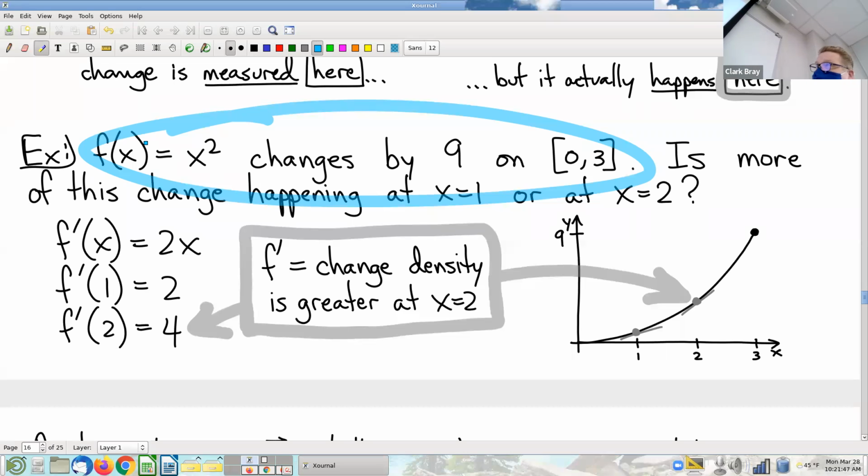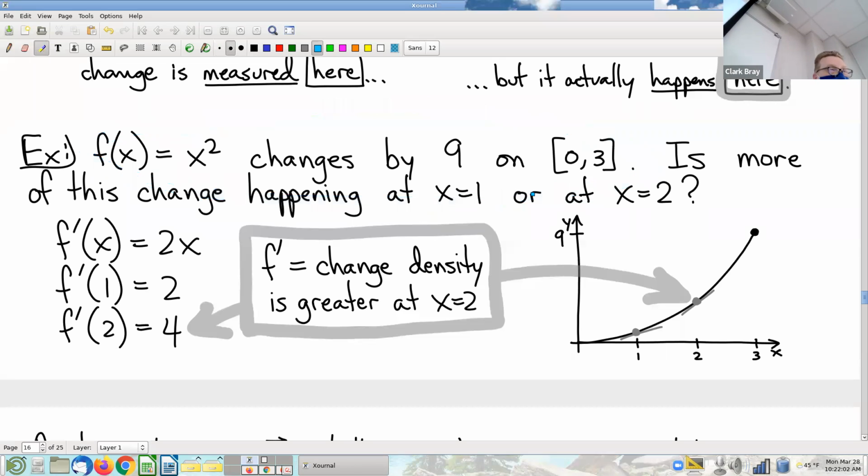This function f of x equals x squared, yeah, it changes by 9 between 0 and 3, right? Trivial arithmetic, no problem. Where did that change happen? Well, it happened all the way through in the interior in between there. But did it happen more so in some places and less so in other places? Well, yeah. Change density, the derivative.